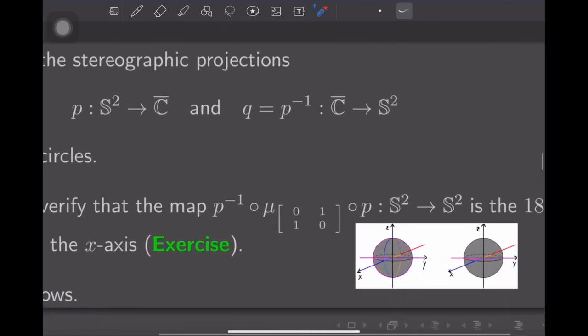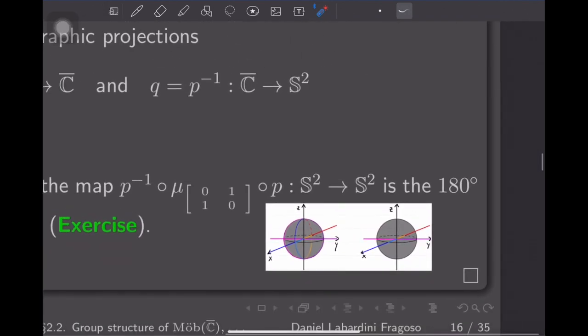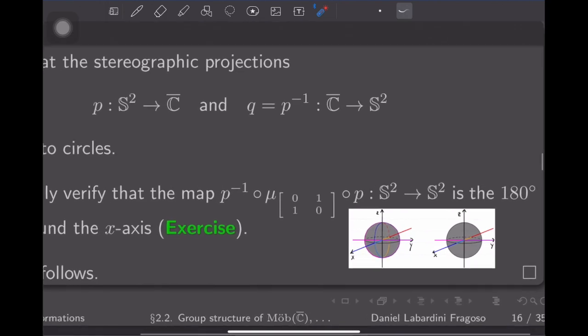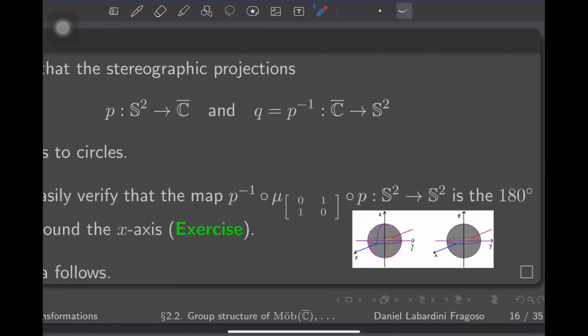And then what I'm going to observe is this composition. At the level of the sphere, you go from the sphere to C bar, from C bar to C bar using this map, and then go back to the sphere with P inverse.